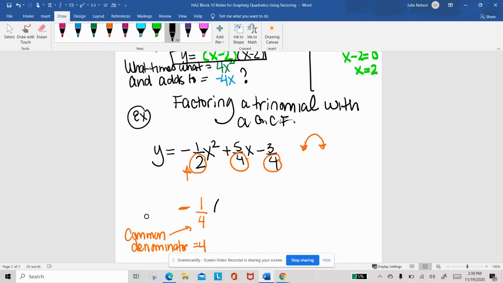And because the common denominator is 4, then I can take out that negative 1/4. So let's see what's left. Okay. Well, remember that factoring by negative 1/4 means that you're dividing, right?